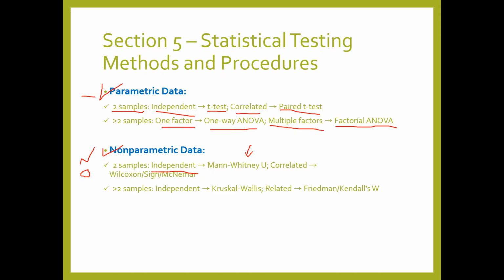Parametric data is focused on IR. If it is correlated, you can use the Wilcoxon signed-rank test. If greater than two samples and independent, you can use Kruskal-Wallis. If related, it's Friedman and Kendall's W.